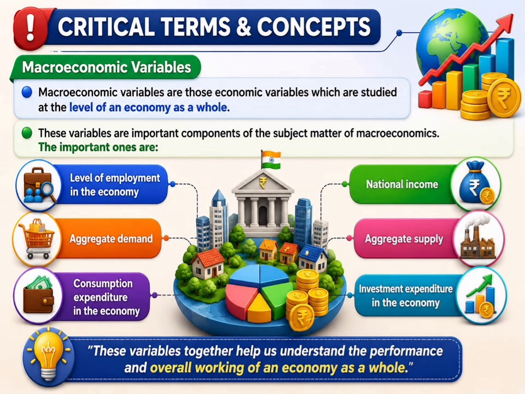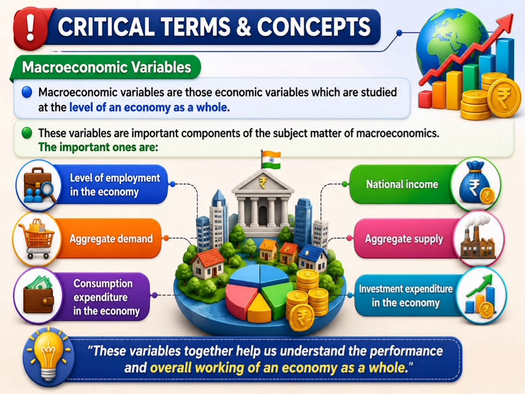And fourth one, national income. National income means the total income earned by all the people in a country during 1 year. It tells us whether the country's economy is growing or not. Fifth one, aggregate supply. Aggregate supply means the total quantity of goods and services produced in the economy. For example, all the food, clothes, vehicles, medicines, and other products produced in India together are called aggregate supply.